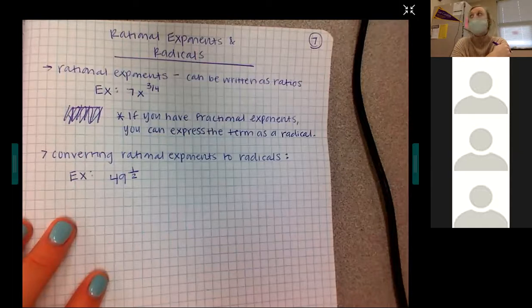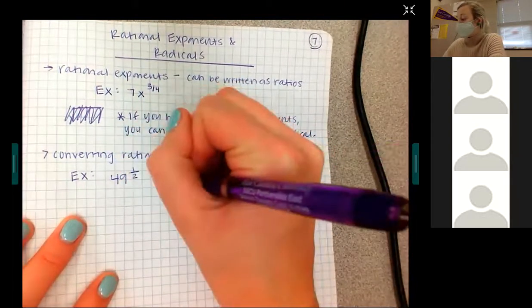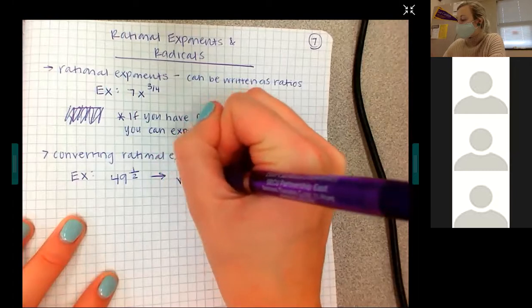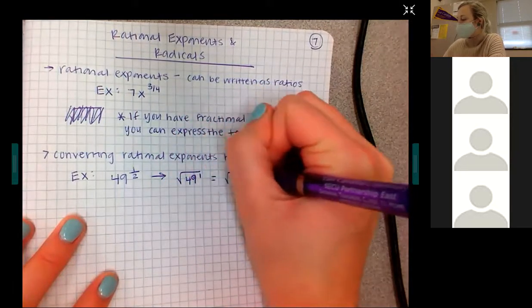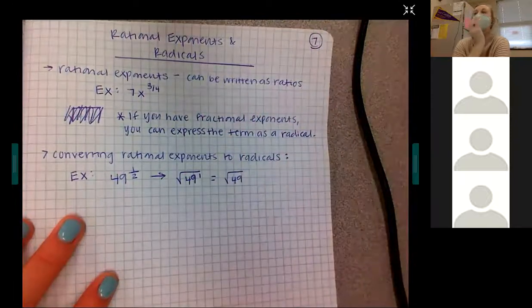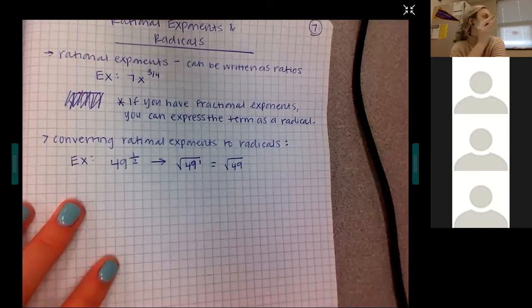All right, if you have 49 to the 1/2, I'm going to show you what that would be in radical form, okay? I'm just showing you what you would do. I want to see if you guys recognize a pattern.